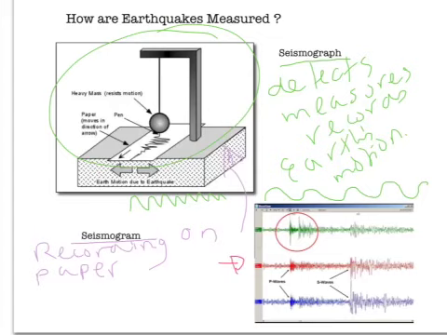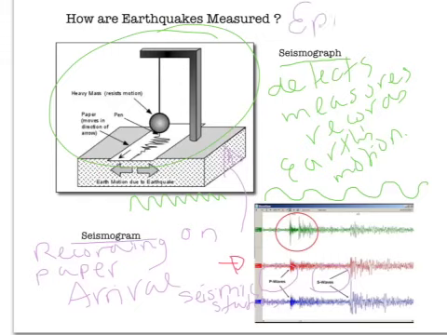It records the P wave and the S wave arrival times at different areas around the world, recorded at seismic stations. The recording of the arrival times of both the P wave and S wave can help scientists find the epicenter, or where the earthquake originated.